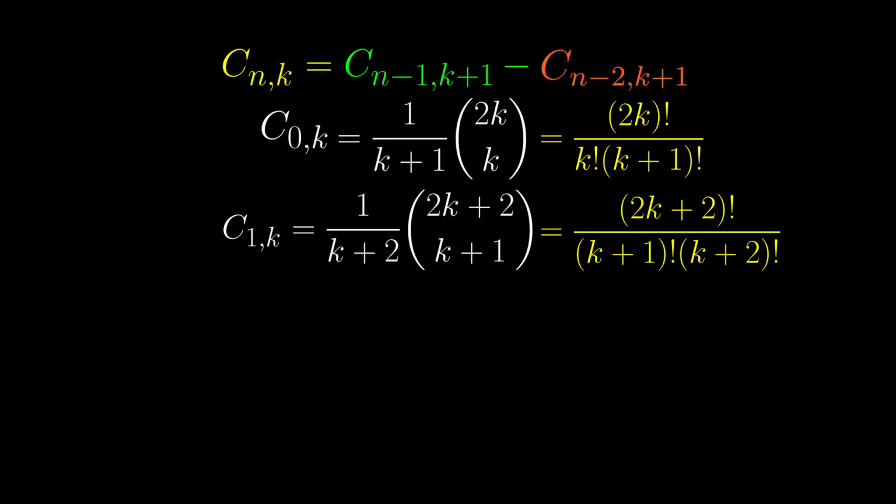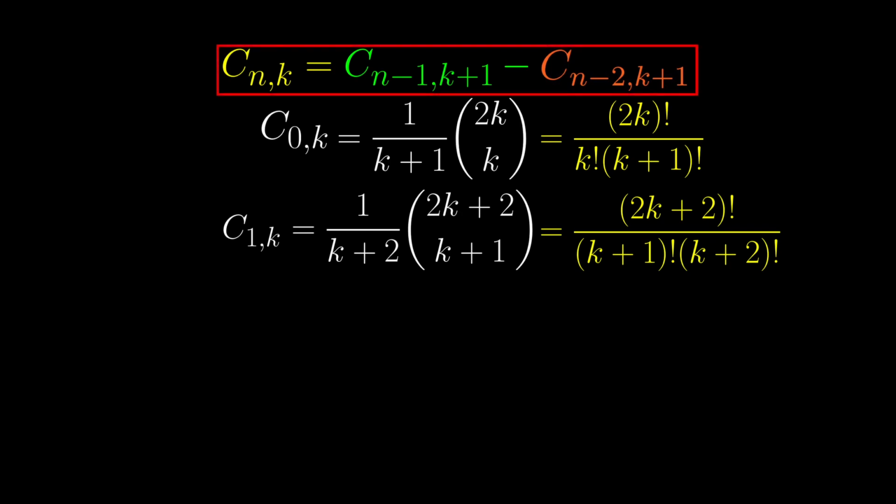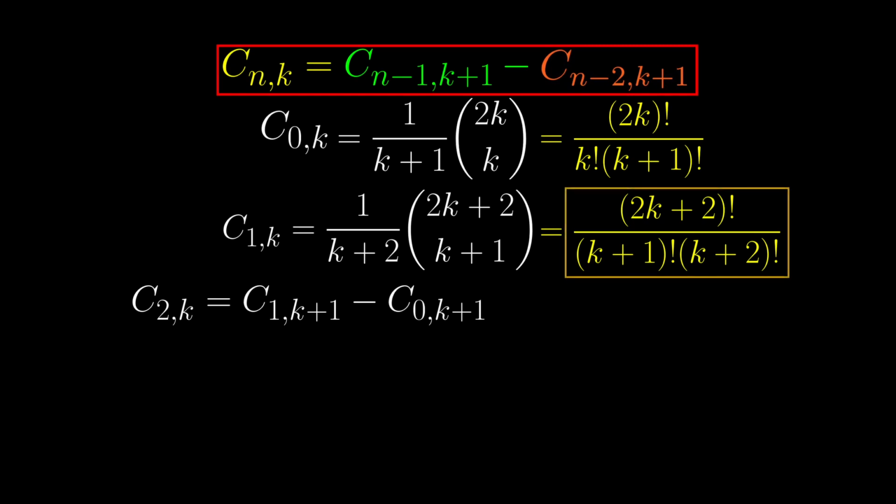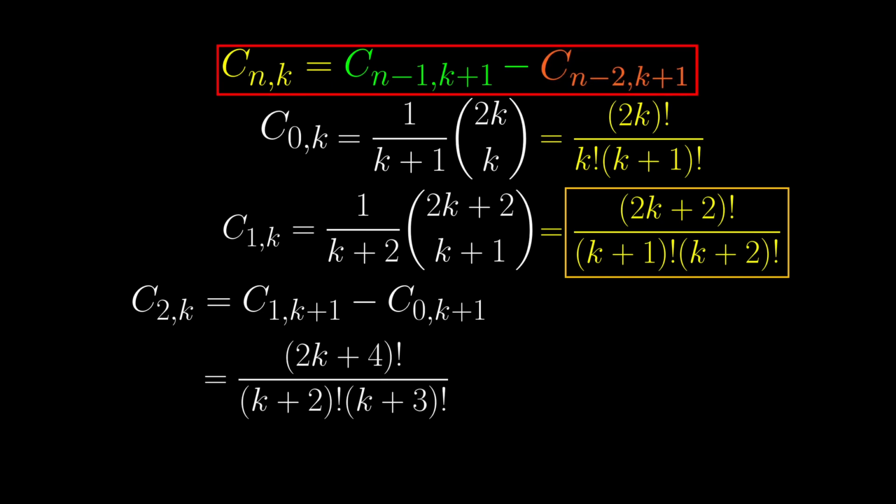Then by using the recurrence relation, we can obtain C2n. By simply substituting n equals 2 into the recurrence relation, we obtain this formula. Then by substituting the formula in, we can then do some algebra.